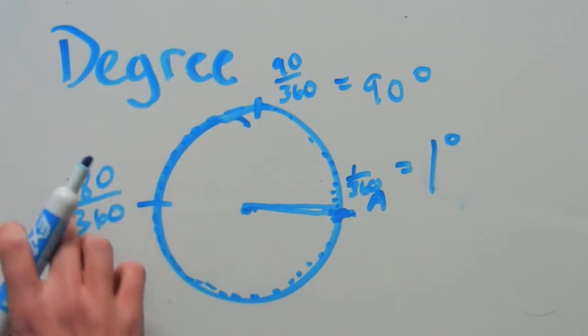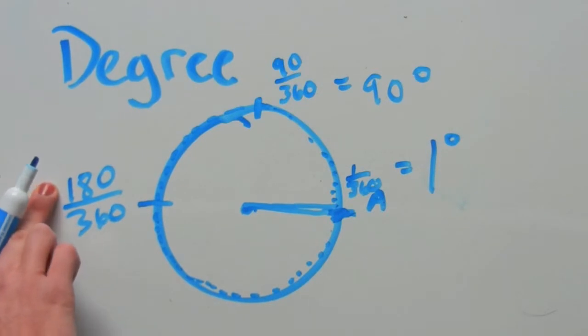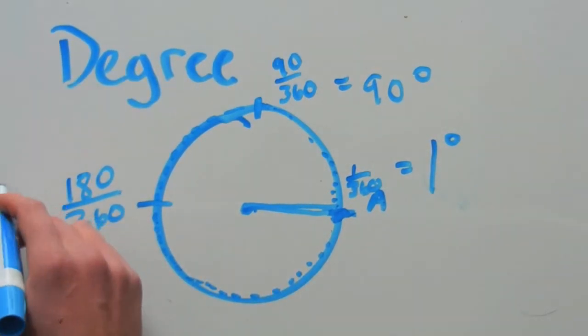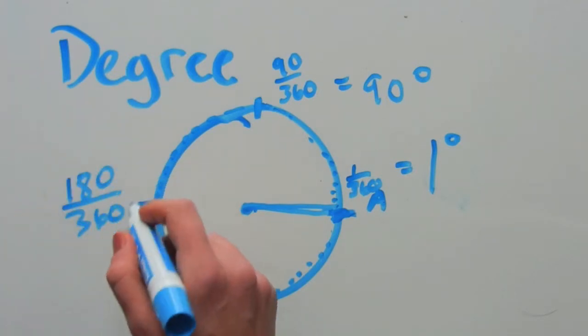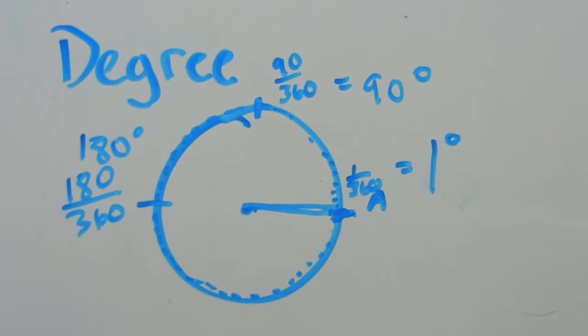And remember, a single degree is 1 out of 360, so 180 out of 360 is 180 degrees. Halfway around the circle, 180. And so on, all the way around the circle.